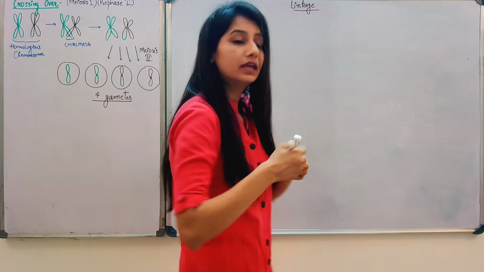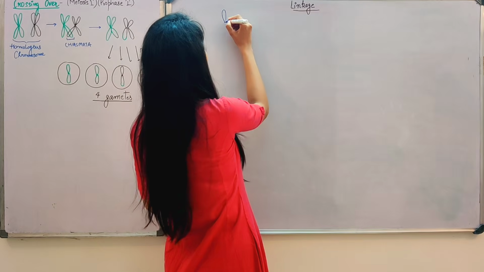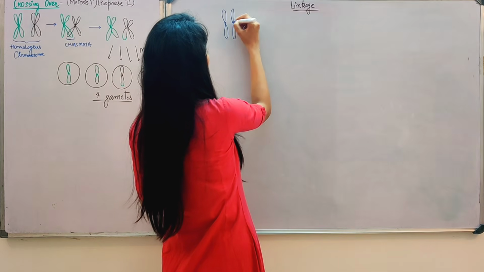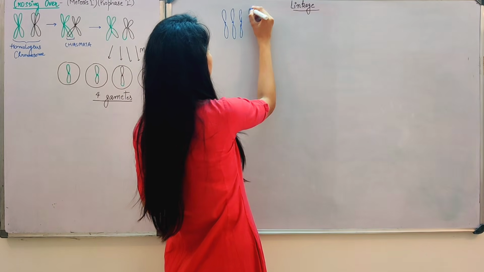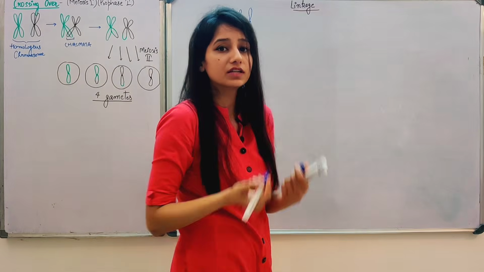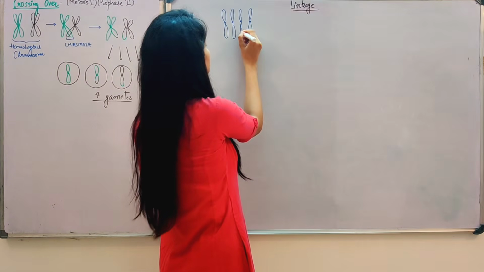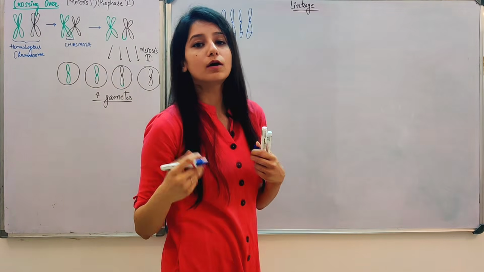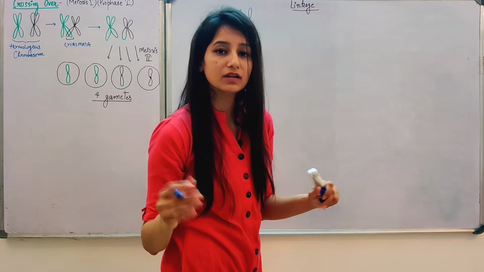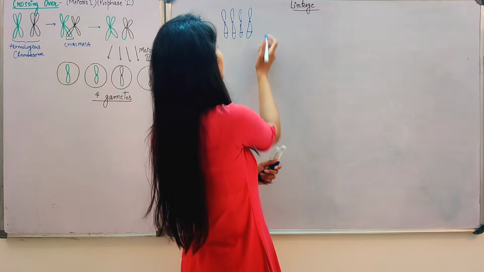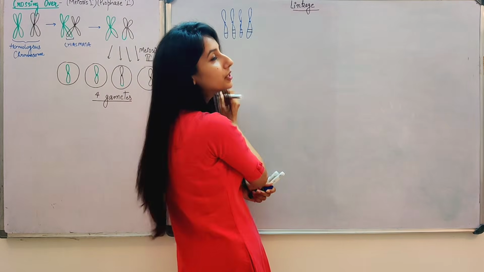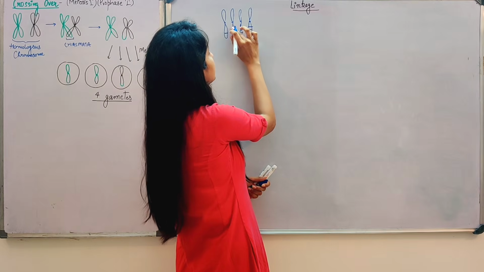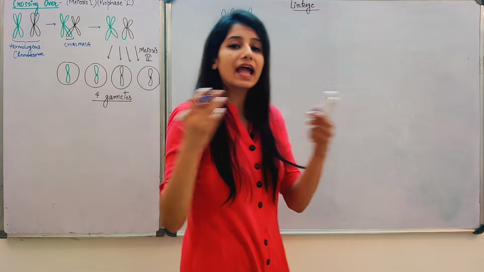Obviously, right? If he has seen 7 characteristics on only 4 chromosomes, these are the 4 chromosomes for example, and 7 characteristics were there. Okay, so 1, 2, 3, 4 genes. What about the rest 3? The rest 3 must be present with these 4. So it can be like this condition, or this condition, or this condition, whatever it is.